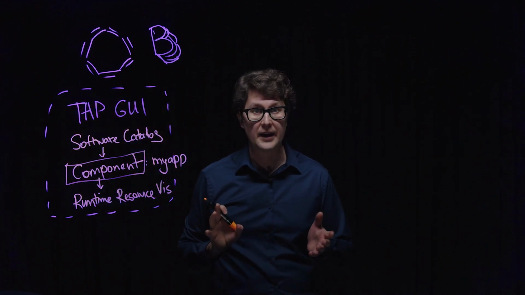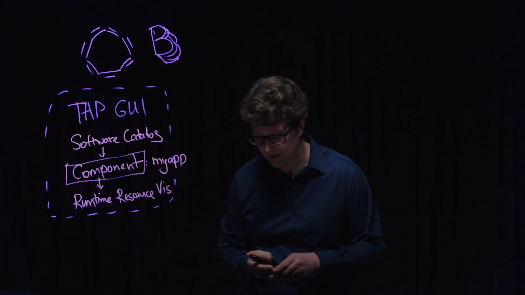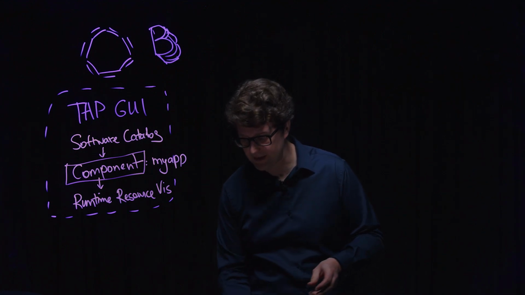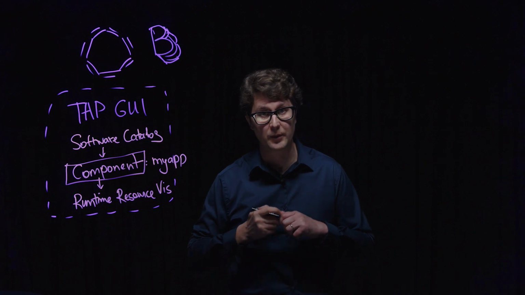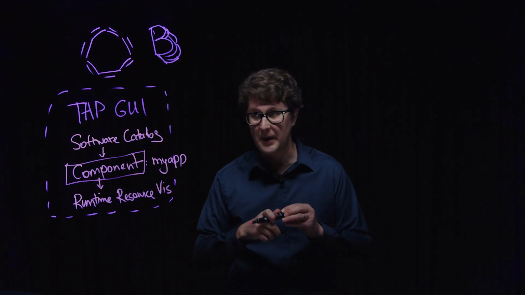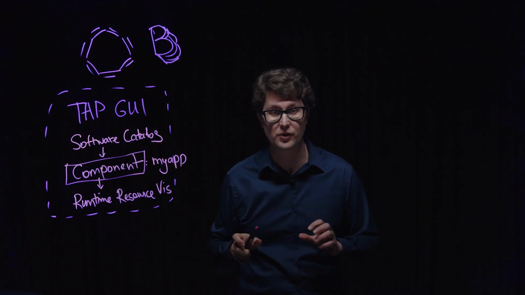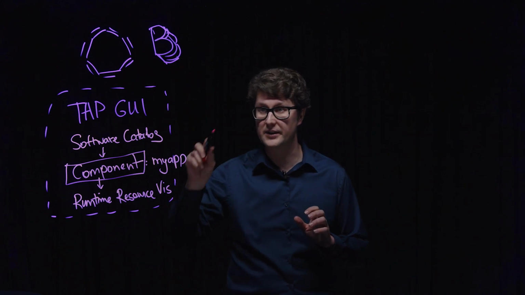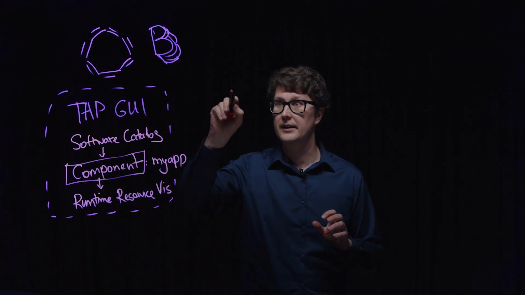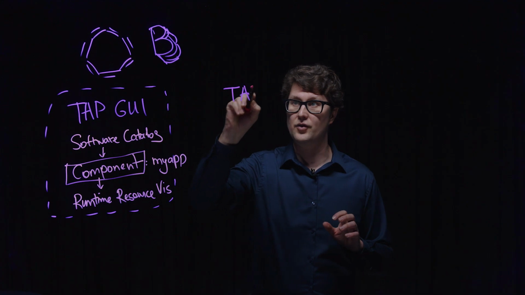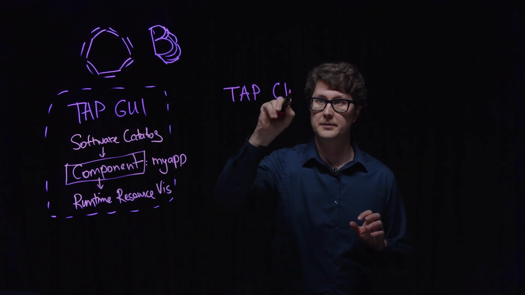The second one is describing and drawing some illusionary lines around the clusters that we want to inspect and see what runtime resources we can visualize here. So let's draw a TAP cluster here.